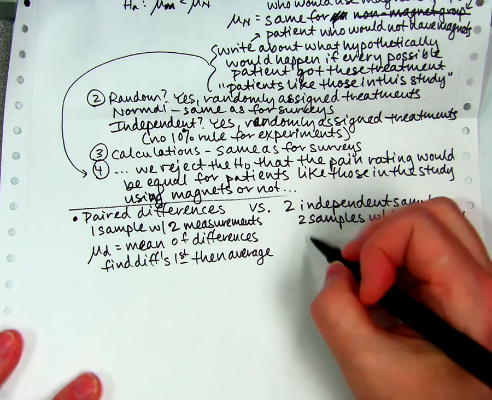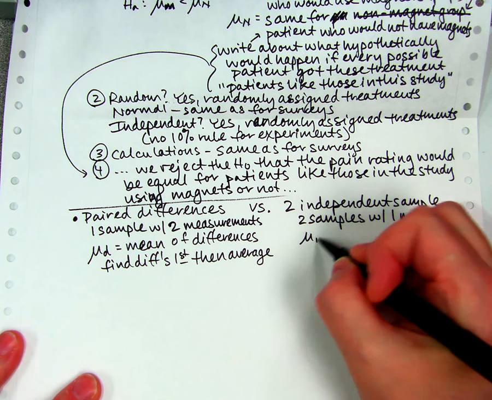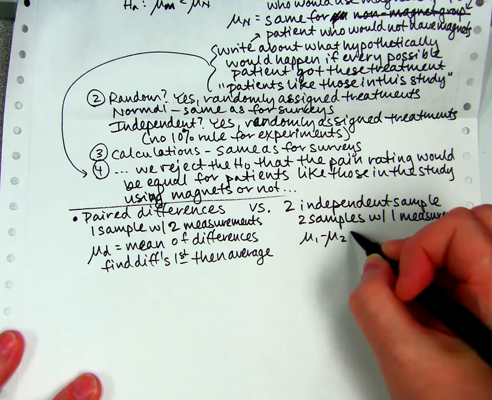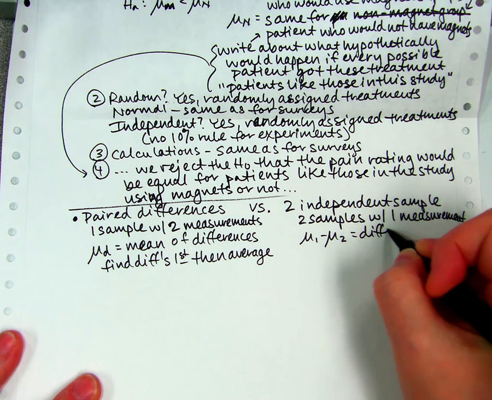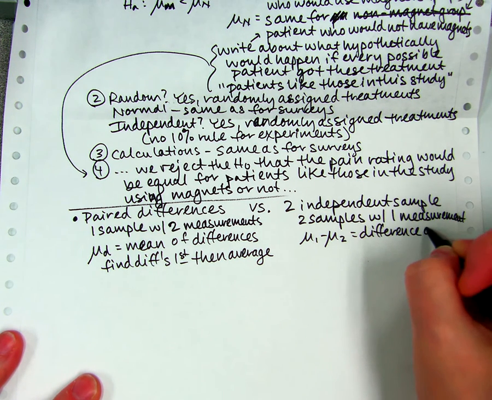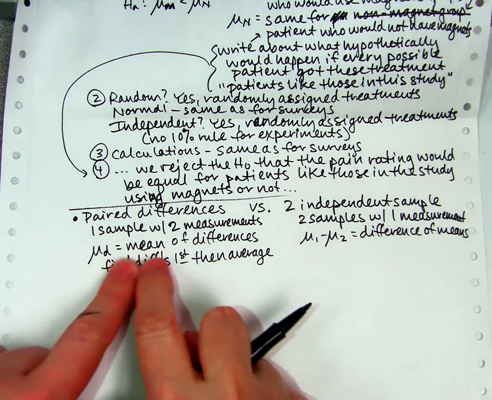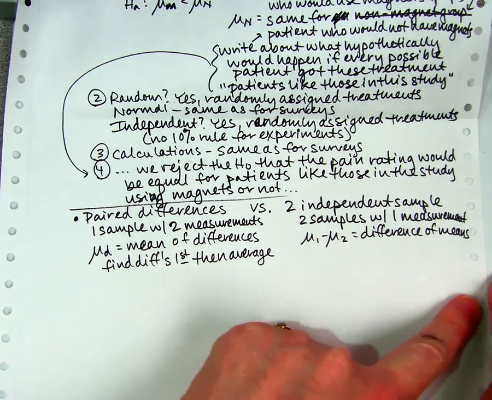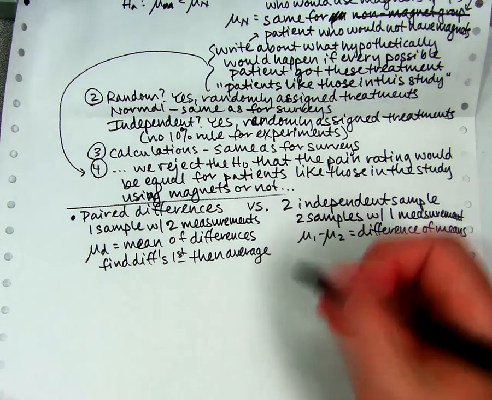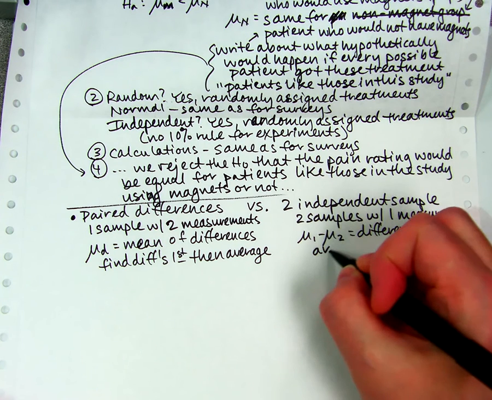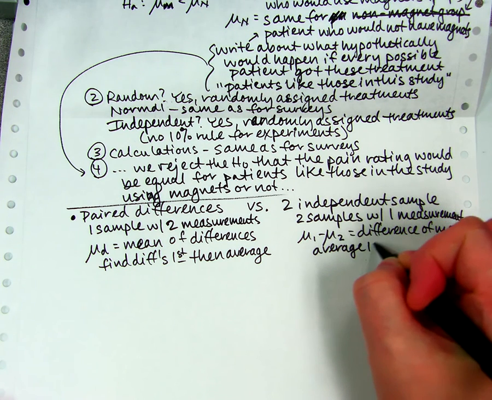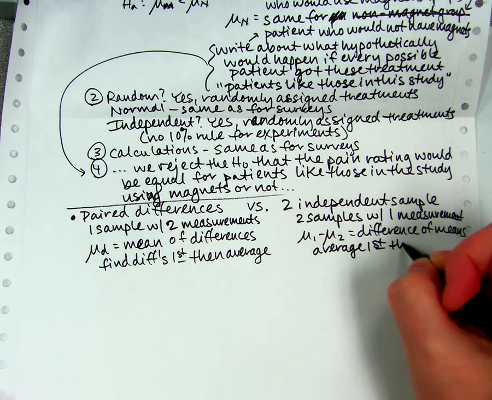This is two different means. A mean 1 minus mean 2 is a difference of two means. Notice how that's backwards, the mean of the differences versus the difference of the means. That's an important distinction. This means that you average first your two separate groups, then find the difference.